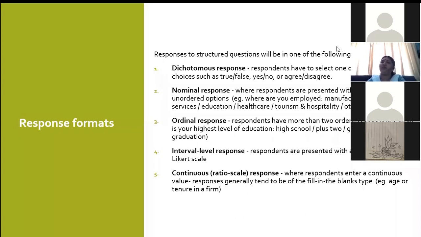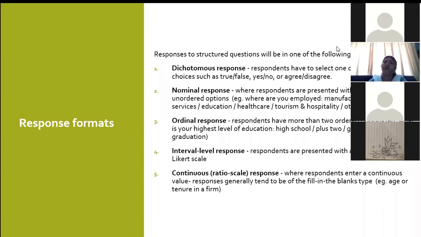Then there are many options: manufacturing, consumer services, education, healthcare, tourism, and others. All these options are unordered also. There is no ordering. There is no ranking. So the respondent is free to select any answer.